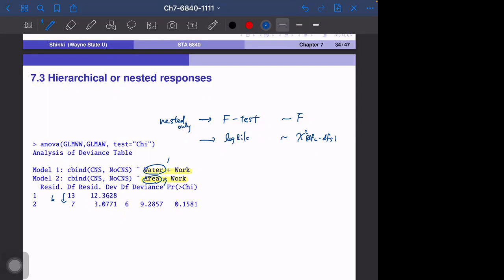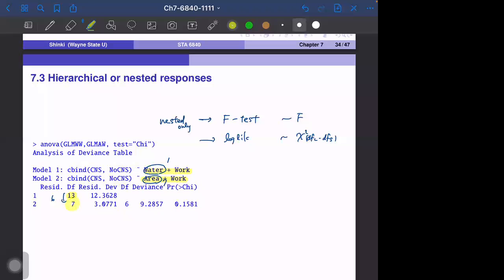Or actually, here it says 13. So in total, 16 observations. Model 1 has 3 parameters: the intercept, the coefficient of water, and the coefficient for work. Work is binary. So 16 minus 3, that is 13.